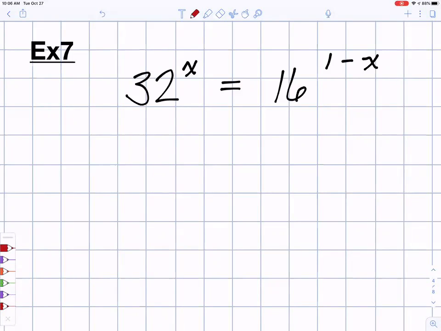And you said equal. What did you get? x equals 4. So let's go plug it in and see if it works on both sides. I want 2/3. x equals 2/3.